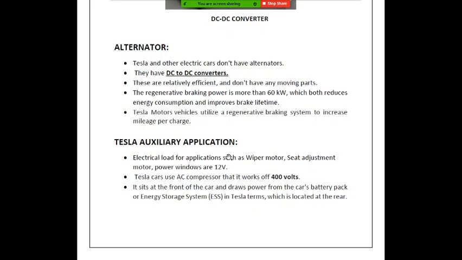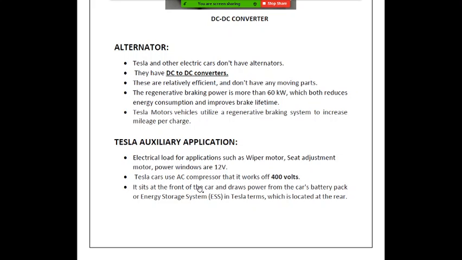Basically, the AC compressor is also an auxiliary application. The AC compressor works off 400 volts, so it can use the traction application for powering the compressor. This compressor sits at the front part of the car.